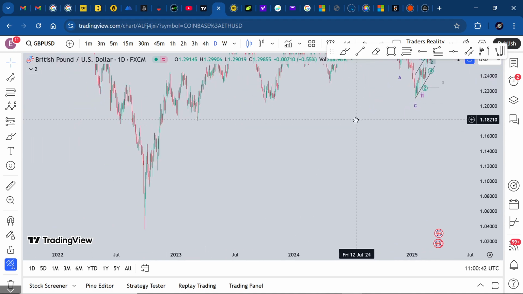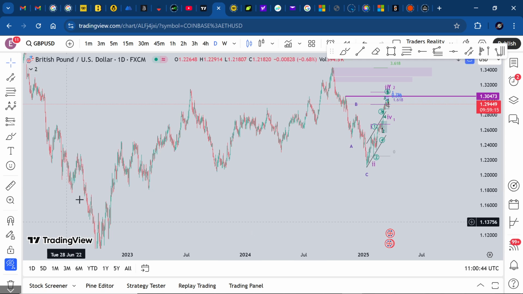For pound, potentially 1, 2, 3, 4, 5 in R1. It could be 1, 2, 3, 4, looking for 5 in a diagonal. That line would not be converging.